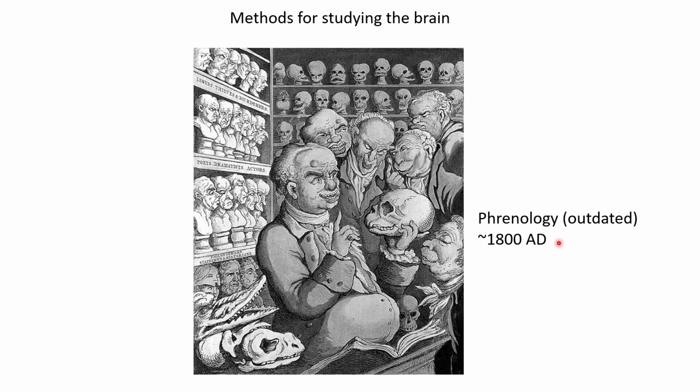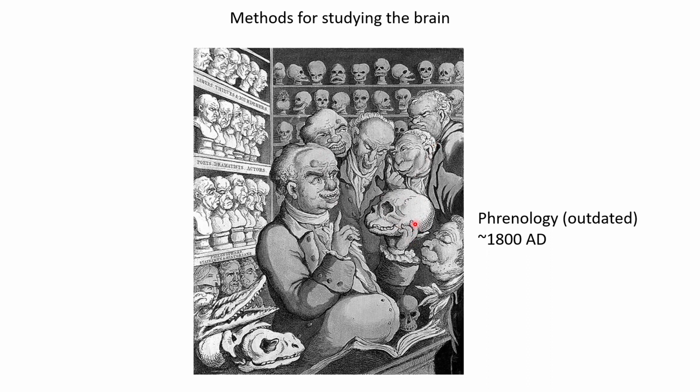Phrenology was being used about 200 years ago, and it was basically trying to answer this question: what is each part of the brain doing? Now, this technique was based on two types of observations. The first observation is that if you look at the skulls of different people, you find that their shapes and sizes are slightly different. A skull may have a bump on the left side, or some bumps on the right side, or on the top of the brain, or in the back side of the brain, and so on.